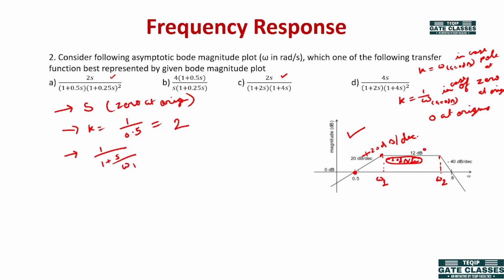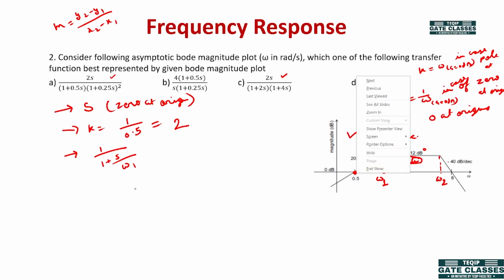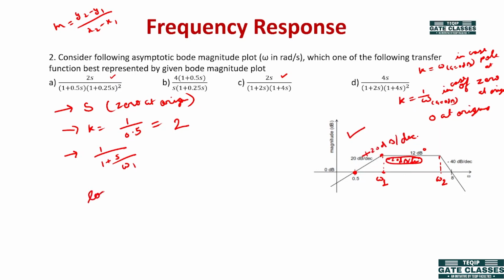So for calculating omega 1, let's consider this triangle. We know the slope m of a straight line is equal to y2 minus y1 upon x2 minus x1, using simple algebra. So here y2 is 12 dB, y1 is 0 dB, x2 is log omega 1 and x1 is log 0.5. So log omega 1 minus log 0.5 is equal to 12 minus 0 upon n, that is slope plus 20 dB per decade.